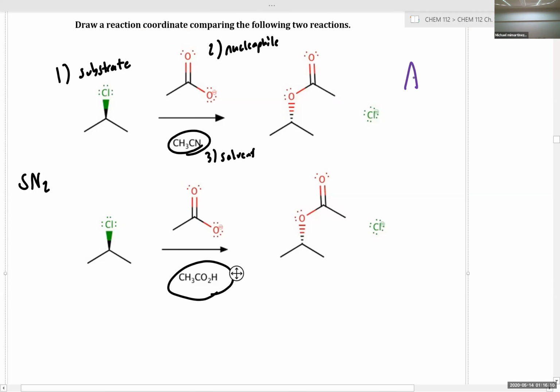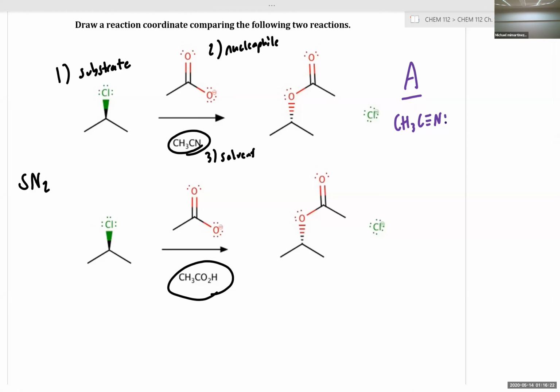Looking at reaction A, acetonitrile, CH3CN. Is that a polar protic or polar aprotic solvent?